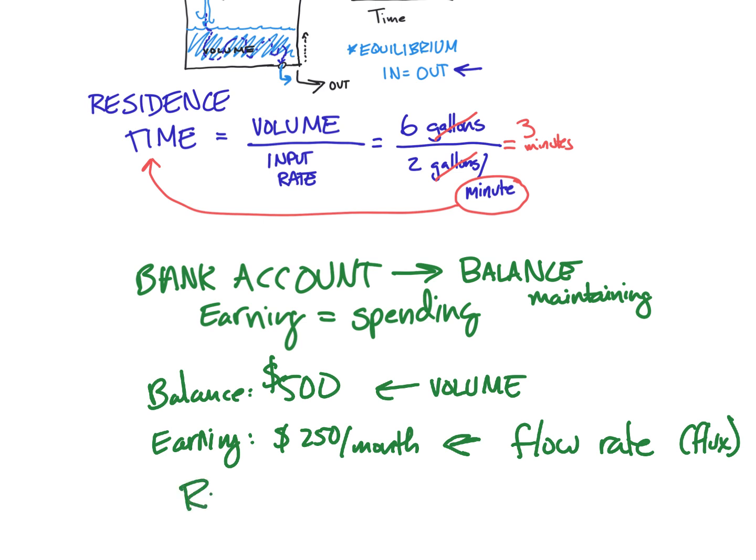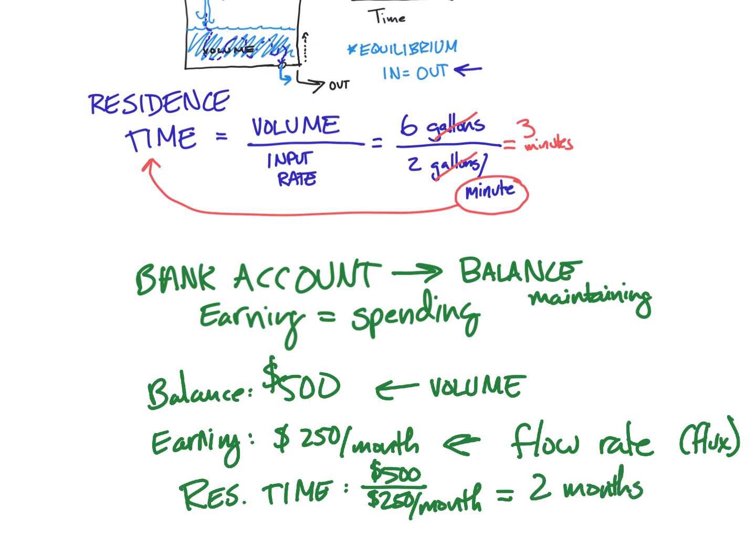So then the residence time for money in your bank account would be estimated by taking that $500, dividing it by $250 per month, and that indicates that the residence time of money in your bank account is 2 months. It's the exact same idea. It's just applying it to a slightly different situation.